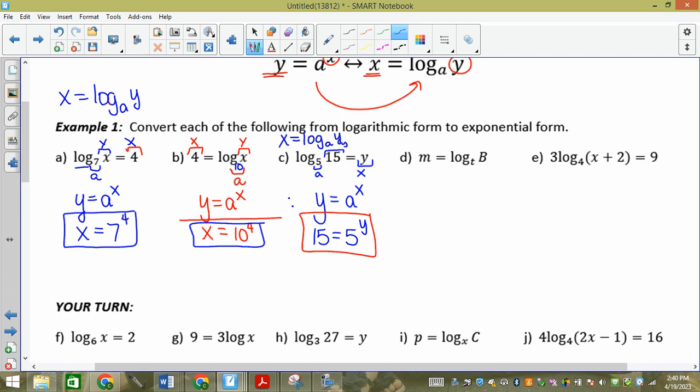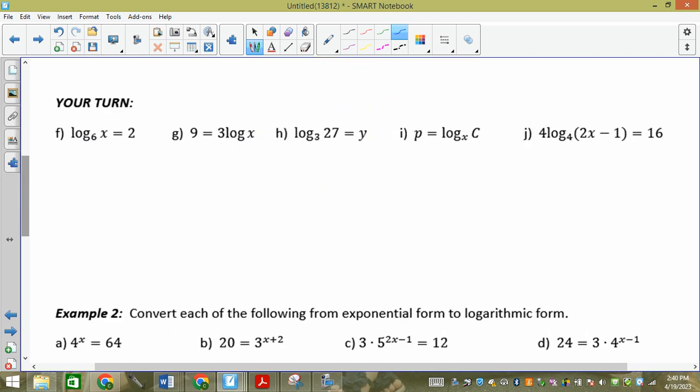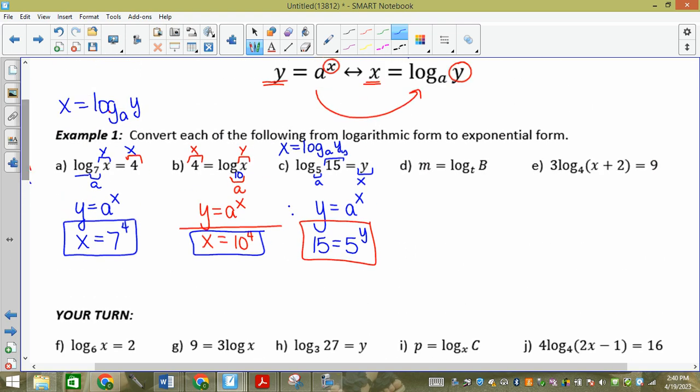Let's try D. We're lining up with the log, right? So this is our log equation right here. Right now we're going from log to exponential, so we're lining it up with the log equation.